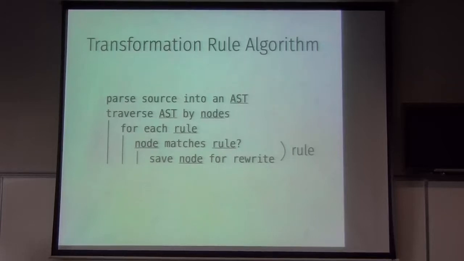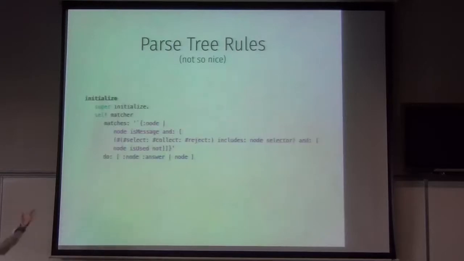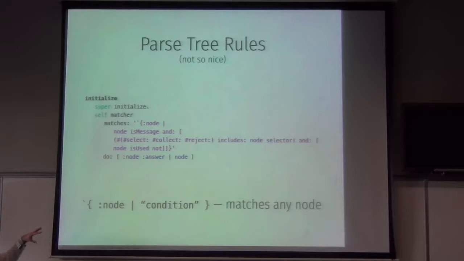On the other hand, there is another evidence that we need rules that check nodes specifically. Look at this example. This is real code taken from the Pharo image. I have formatted it a bit so you can actually read it. But the main idea is that you see there is backtick and curly brackets.